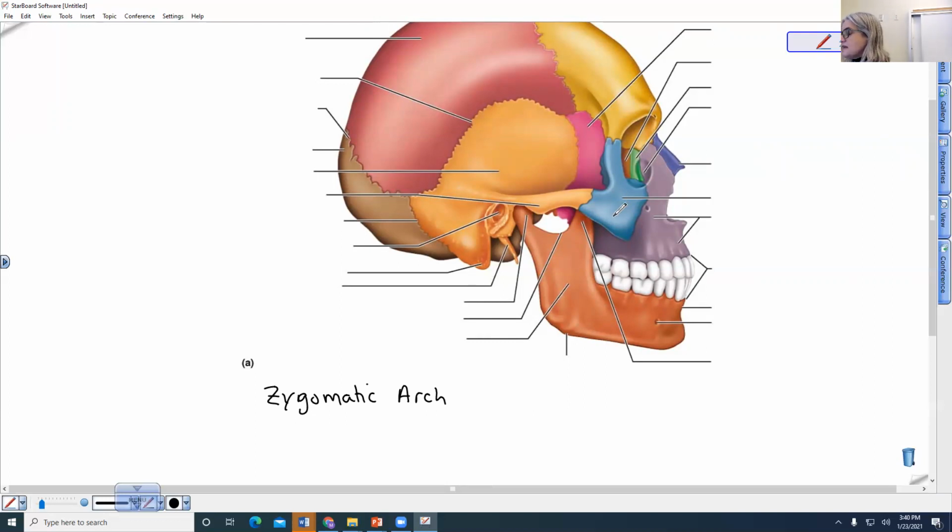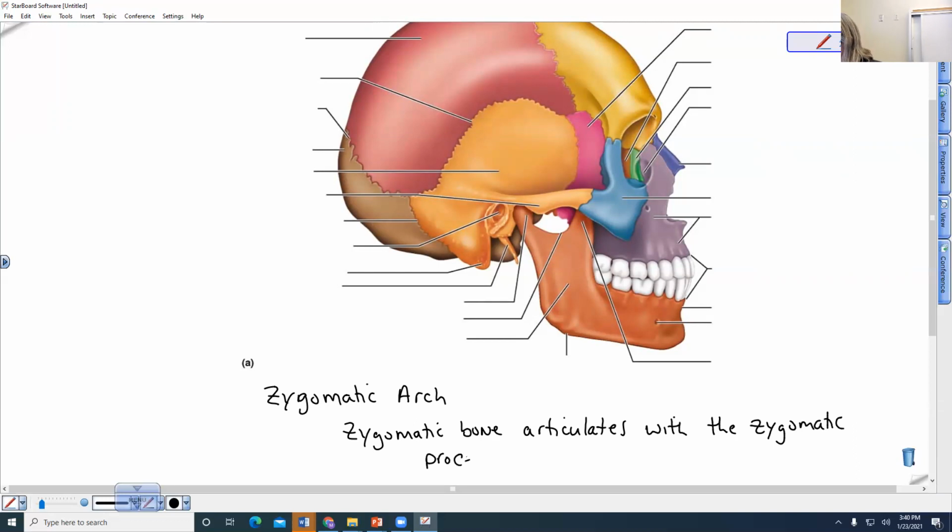So we could say that it consists of the zygomatic bone articulating with, comes together with, the zygomatic process of the temporal bone. Okay, so this is my zygomatic process of my temporal bone, and it is articulating with the zygomatic bone, and that is what makes up the zygomatic arch.